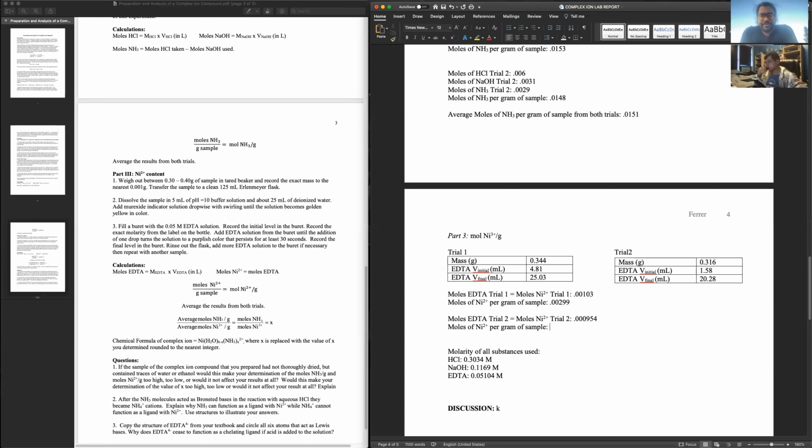Got it. Okay. So now the moles per gram of the sample is done. This is where you take your answer and you divide it by the mass of the sample. So you divide it by 0.316. So it's 0.000954, and divide it by 0.316.